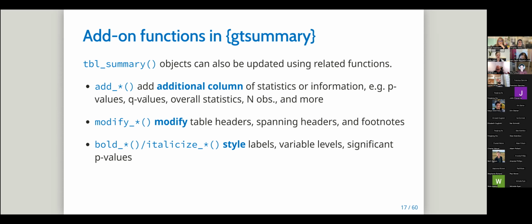The second class starts with modify underscore, and these functions can modify the table headers, the spanning headers, and footnotes of the tables to customize those. And then the third class starts with either bold underscore or italicize underscore, and these can really help style the different labels and variable levels in your tables. So I'll show some examples of these.